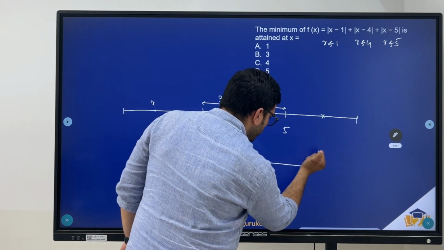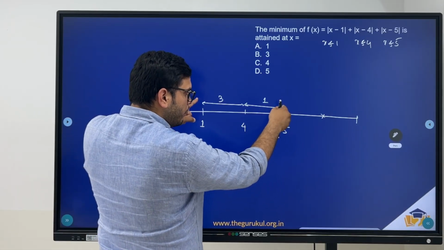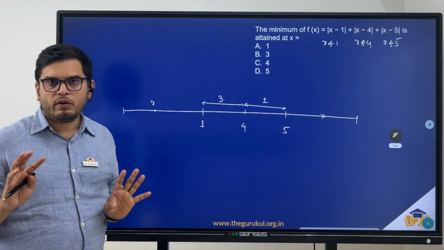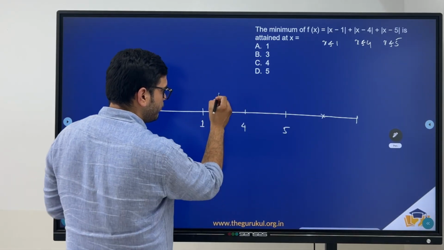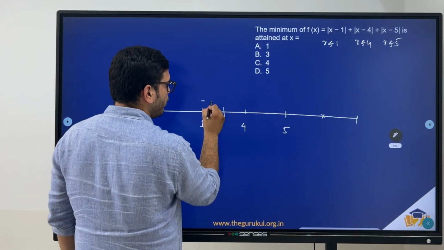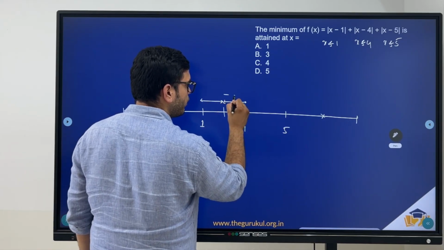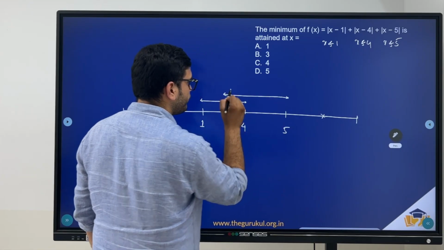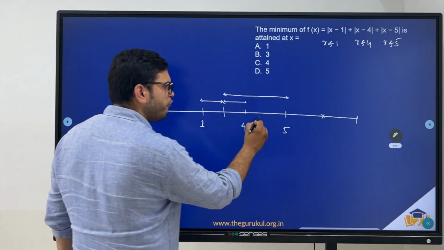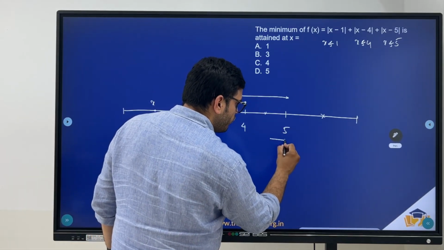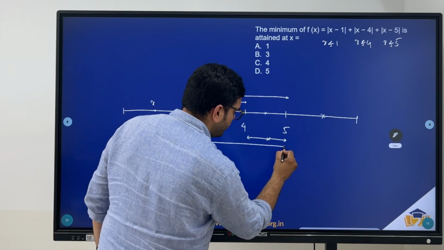Now to get the minimum value, the x should be between these two terms only, 1 and 5. So if we have x somewhere here, right, then we should be adding this distance and this distance, right? Now only this part is repeating, and similarly if we have x here, then we should be adding this distance and this distance.